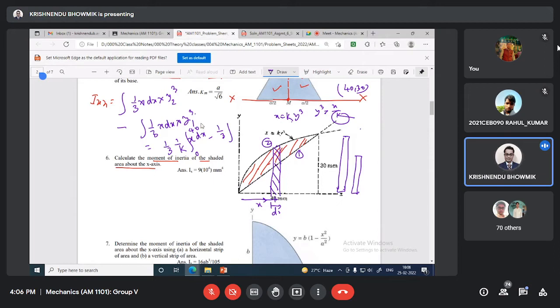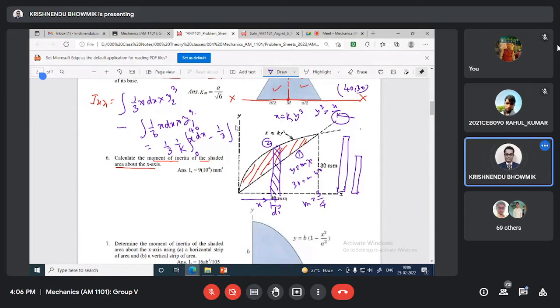What is the second one? This is y equal to mx, correct? It is passing through the point 40, 30. So 30 equals m times 40, so m equals 3 by 4.